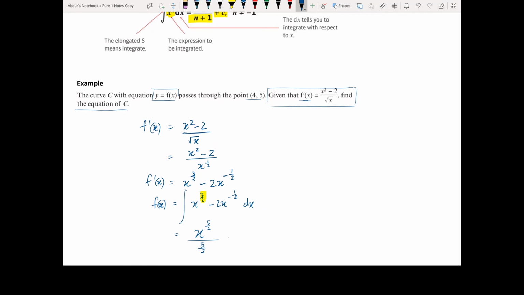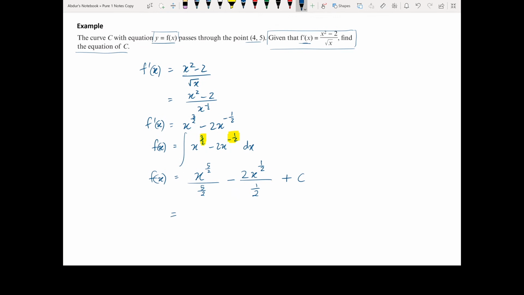Likewise again, we've got this minus 2x to the power of minus a half, add 1 to the power, so minus half add 1 becomes a half, divide by the new power, plus the constant of integration. So now that we've integrated, this is f of x. Let's go and tidy this up a bit.